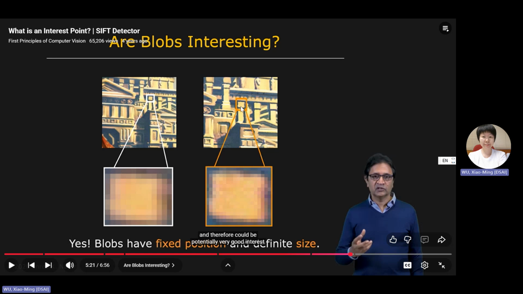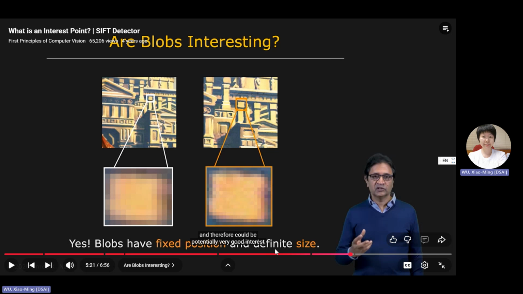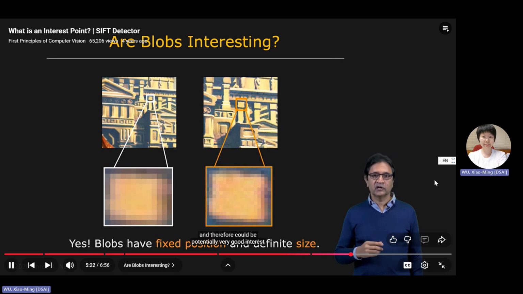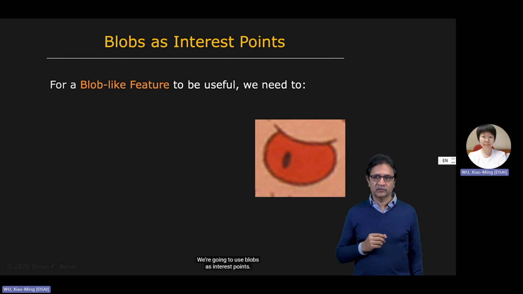Edges don't have a fixed position, right? Well, a blob has a definite size. This is the size of this blob. Well, edges don't have a definite size. So blobs are actually very good interest points. So we're going to do exactly that. We're going to use blobs as interest points.